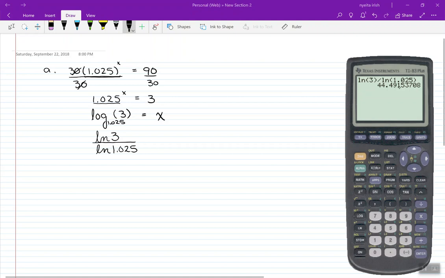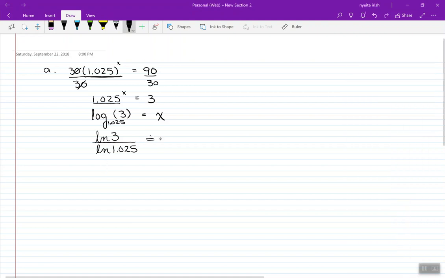So 1, 2, 3, I end at the 1, but I look to the next digit, which is a 5, which means I round the 1 up. So that's 44.492, my decimal approximation. My exact answer, I could either give this or I could give this. Both of them are exact answers.